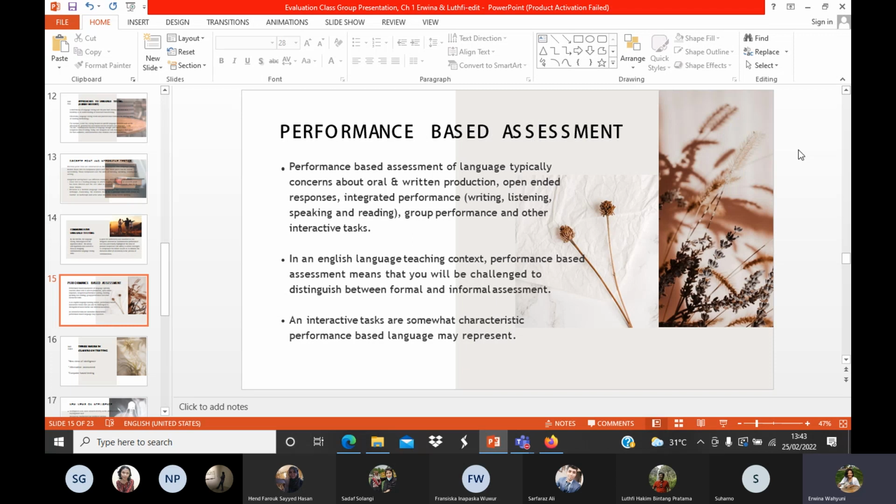And specifically in the English language teaching context, it is based on the challenge to differentiate between formal and informal assessment. It involves a lot of interactive tasks that make the students more engaged in language learning.